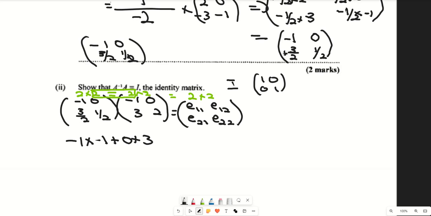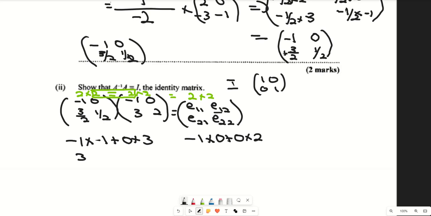And then your first row by the second column: -1 multiplied by 0 plus 0 multiplied by 2. That's element 1, 2.